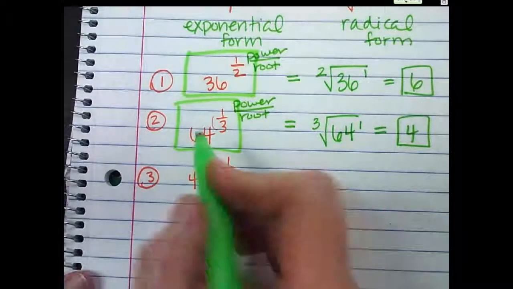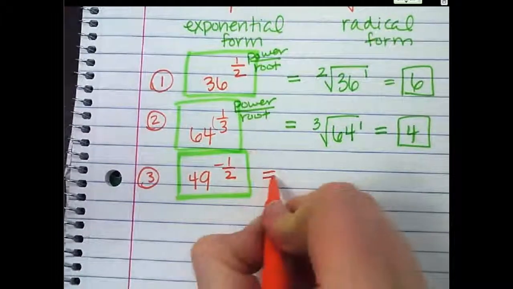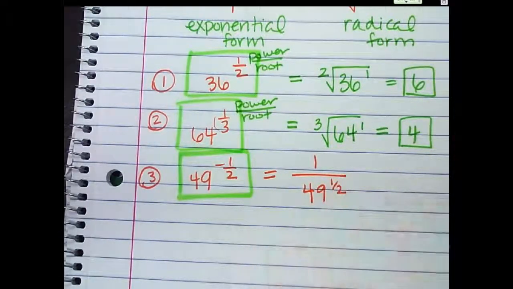Okay, number 3, 49 to the -1/2. So think back to your negative exponents. When we did something like this, how do I make this positive? Right, it moves to the denominator, becomes 1 over x to the 3rd. Okay, same thing here. So to make that positive, it's going to become 1 over 49 to the 1/2.